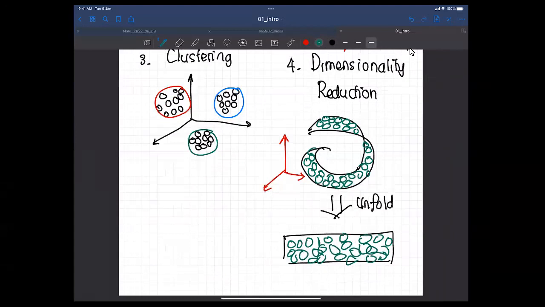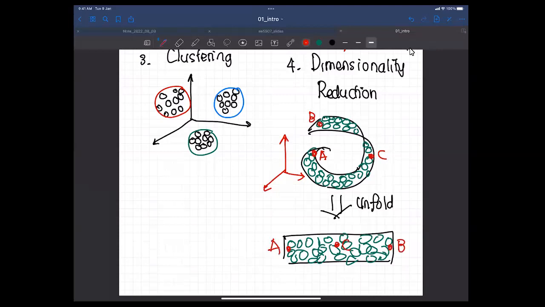The common idea is that, for example, if you have sample A and sample B, it seems that in that 3-dimensional space they are very close to each other compared to C. A looks very close to B. But actually, A and B are very far from each other, because A is here, B is there, and C is here.